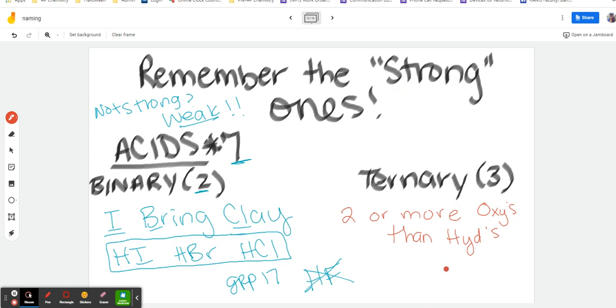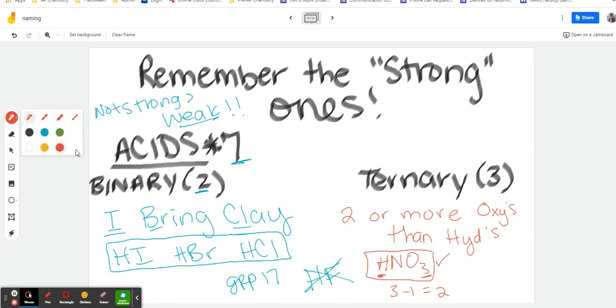If it does not, that is weak. So for example, if I have something like nitric acid, here's my nitrate. It ends with ate, so I change it to nitric acid, and there's my hydrogen. Looking at this little ratio, if it has 2 or more oxygens than hydrogens: we have 3 oxygens, we have 1 hydrogen. That's 2. That's a strong acid.